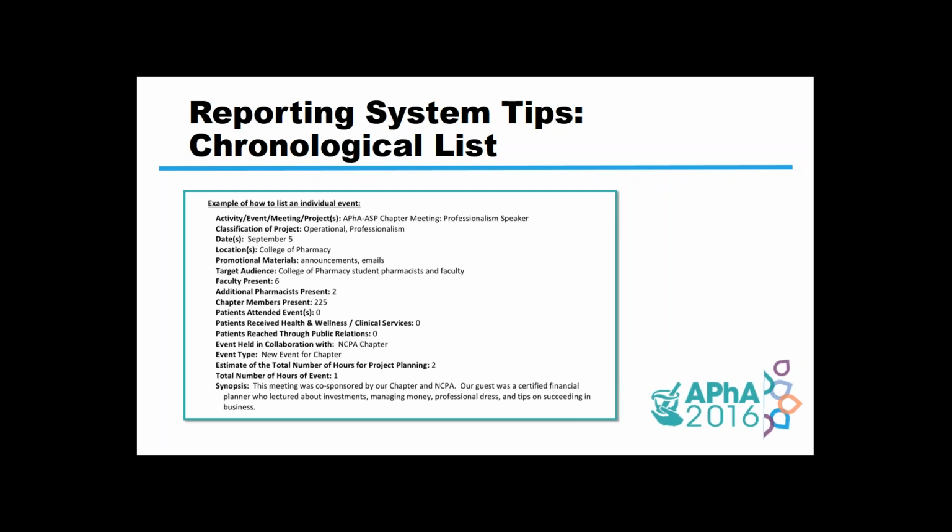And speaking of that, our next question is that for many chapters, this is a time of transition, or it's about to be, as their new chapter leaders are coming in. So as part of the transition process, what recommendations do you guys have for getting them through the chapter achievement reporting?